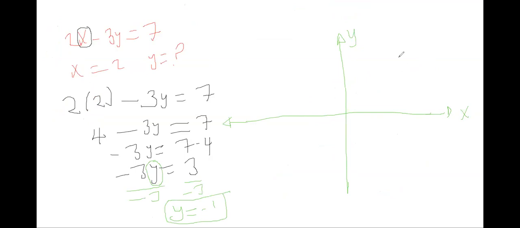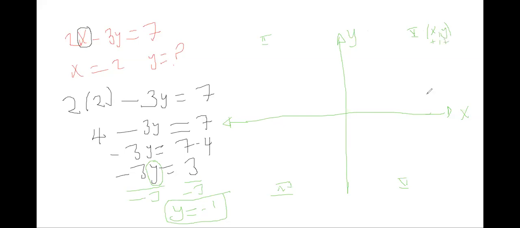This is quadrant 1, here is quadrant 2, here is 3, and here is 4. In quadrant 1, x and y, their coordinates, are all positive.